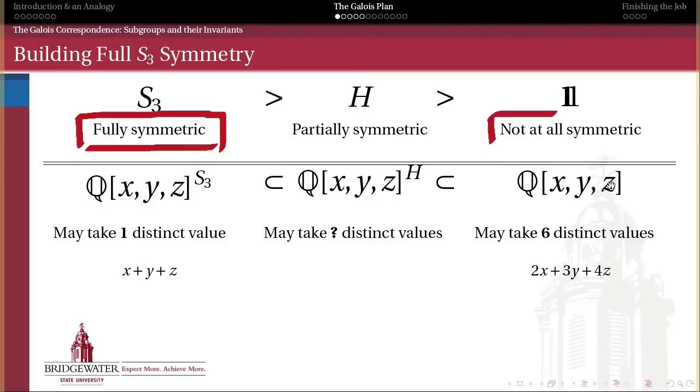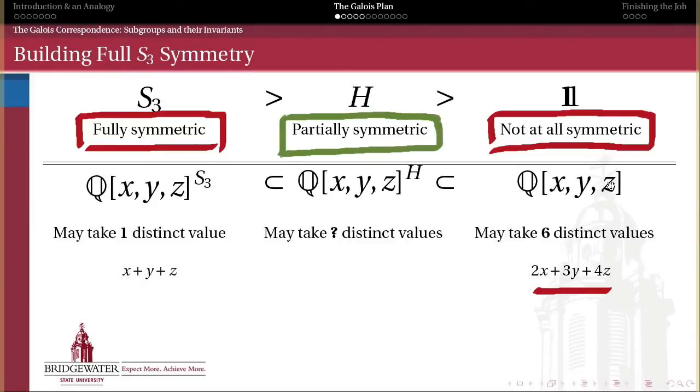Meanwhile, down here on the right, we have the trivial group, standing in for the polynomials that have no symmetry to them whatsoever, like x, y, and z themselves in general, but it also contains other linear polynomials like 2x plus 3y plus 4z. Then we have this stuff in the middle, the partially symmetric polynomials. And corresponding to that partially symmetric set of polynomials is going to be some subgroup, h, of the symmetric group on 3 symbols.